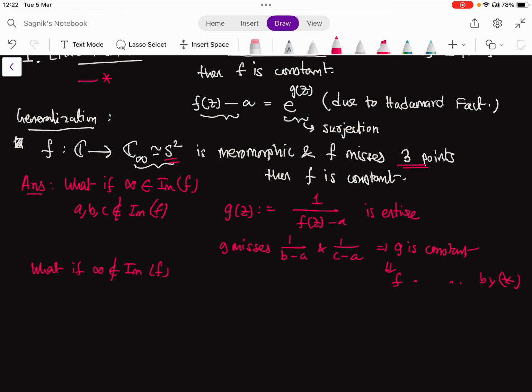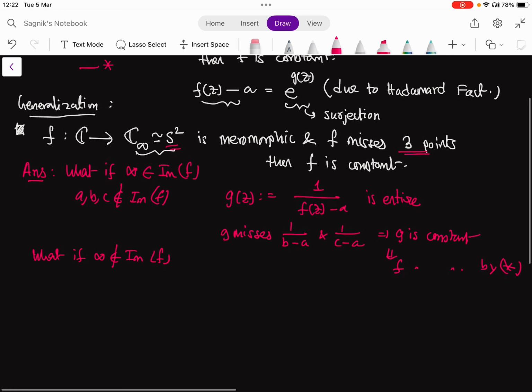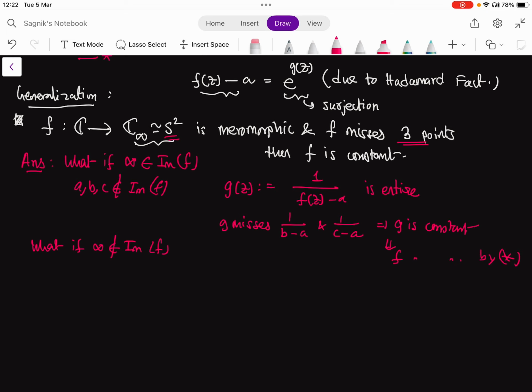Well, in that case, f never hits infinity, which means f has no poles. But because it's a meromorphic function, the only possible singularities are the poles. So this implies simply that f is entire, right? Because it has no poles. So yeah, as simple as that.